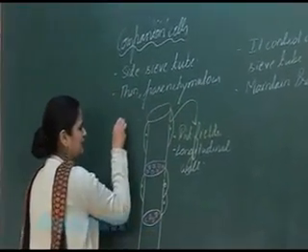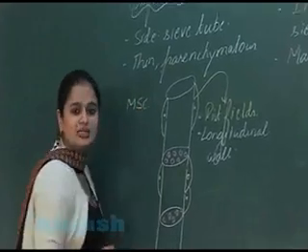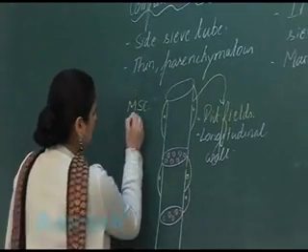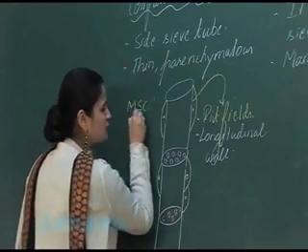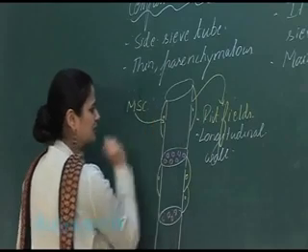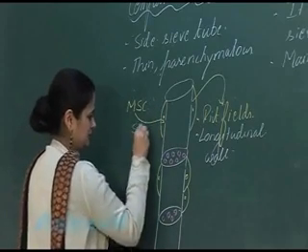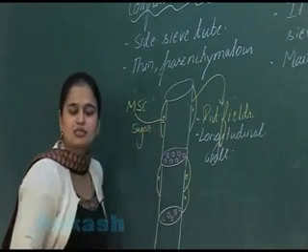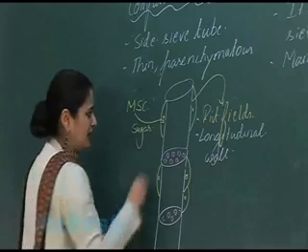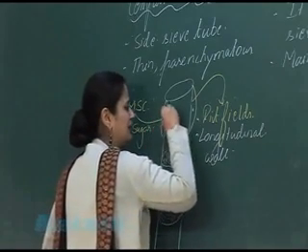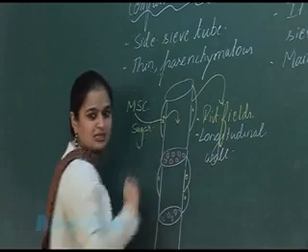From the MSC, that is the mesophyll cell, food in the form of sugar is transferred to the companion cell. From the companion cell, the food is transported to the sieve tube.